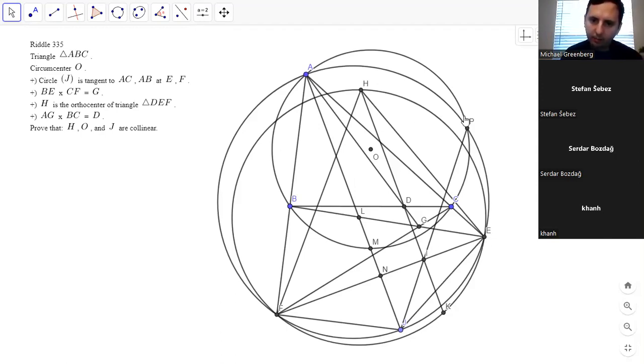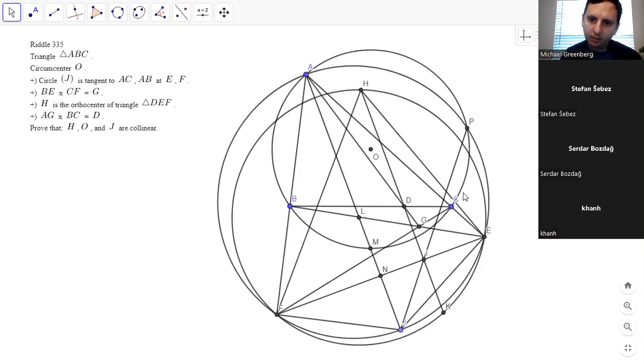And how do we get PF over PE? Because of spiral similarity, PF over PE equals BF over CE. And from DI being the angle bisector of BIC, we deduce that BFI and IEC are similar.